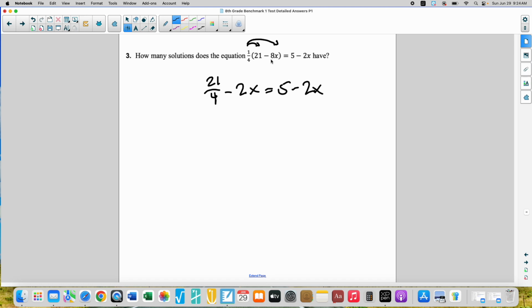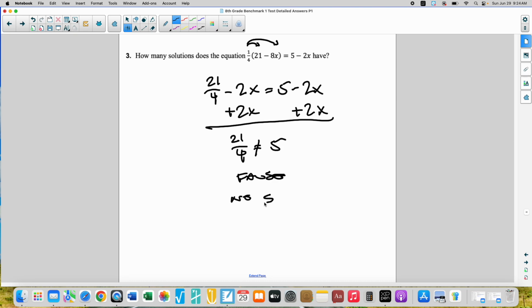That becomes 2. And remember how I told you to move the variables first. That is the best way. When we move the variables, you're left with 21/4 equals 5. So my variables cancel, and I have a false number statement. That is false. So there is no solution.